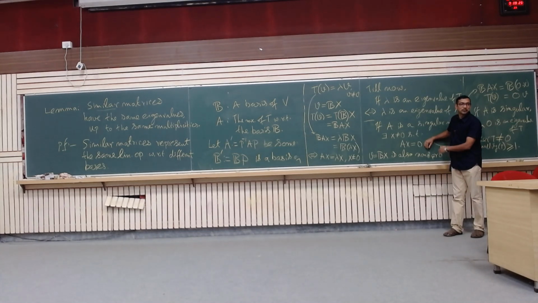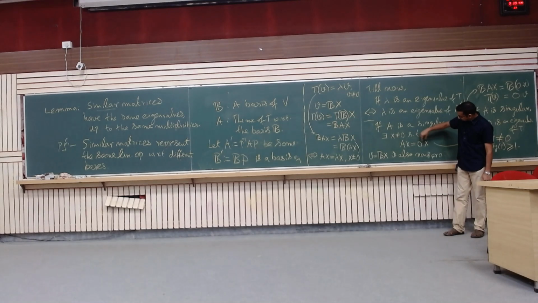What does determinant equal to 0 mean? In the row echelon form, you have an entire 0 row, right? And that 0 row would let you have some non-zero entries in this x, and that would give you a non-trivial solution of this.